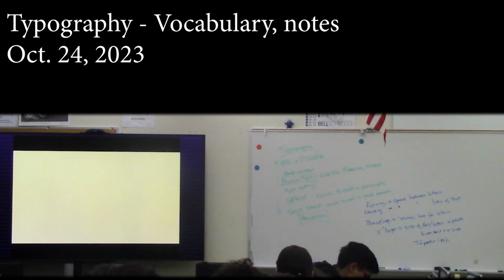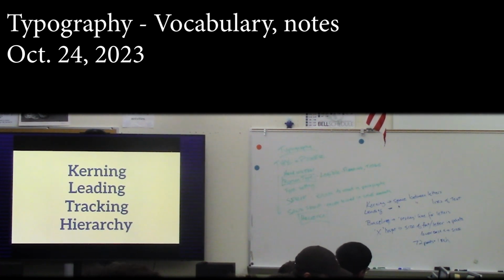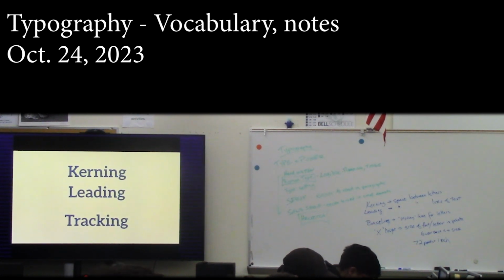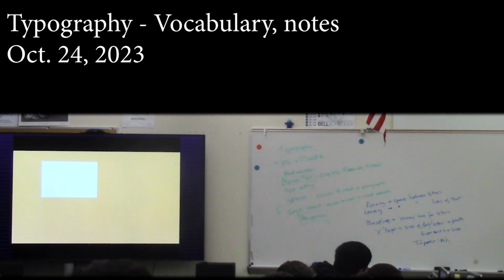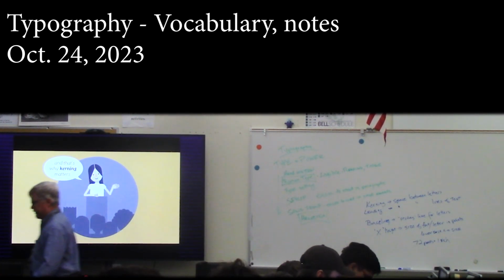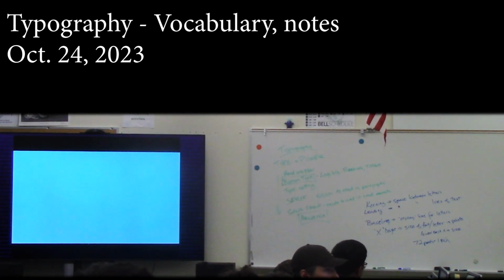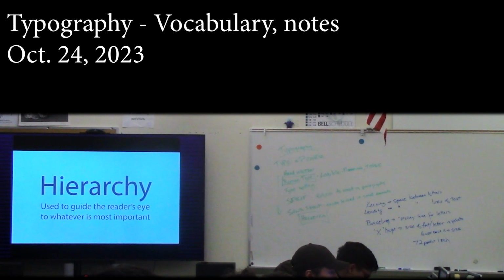Maybe you've heard terms like kerning, leading, tracking, and hierarchy. For those with more experience, these concepts are essential for creating professional-looking designs. As a beginner, you don't need to know everything about these terms, just enough to inform your work and help you talk about design with more confidence. Hierarchy is used to guide the reader's eye to whatever is most important.